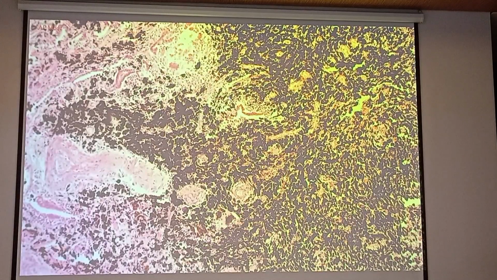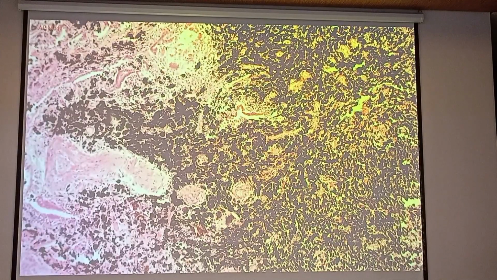Carbon particles, when they come in pigments like this, is known as anthracotic pigment. So anthracosis. In most cases, silicosis and anthracosis come together because the miners inhale a lot of these pollutants as they mine the silicon.